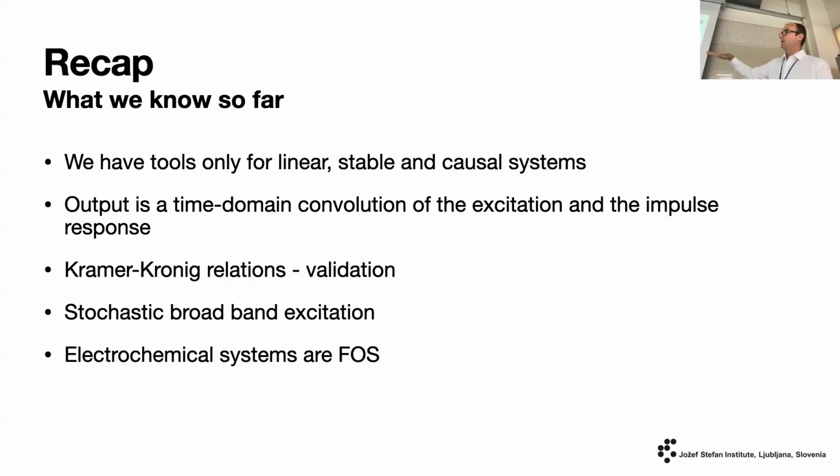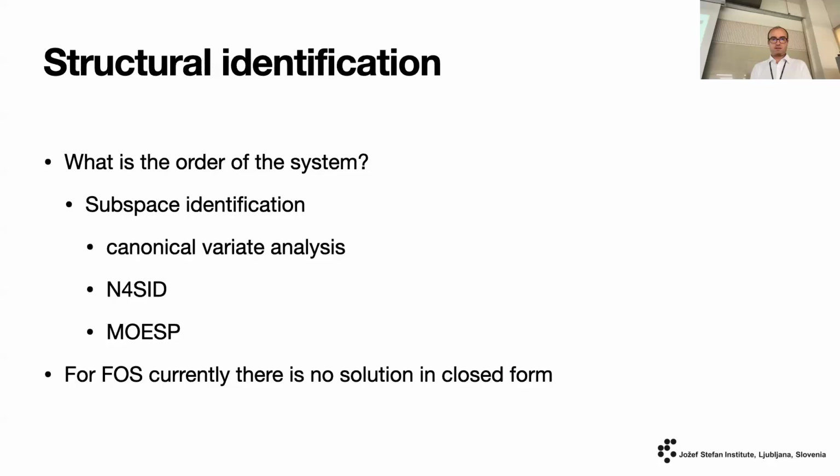In such a way, you will be sure that you haven't broken the linear condition. So now, in this second part of today's lecture, we are going to focus on the issues that arise due to the fact that electrochemical systems are fractional order systems. So let's see what the problem is.